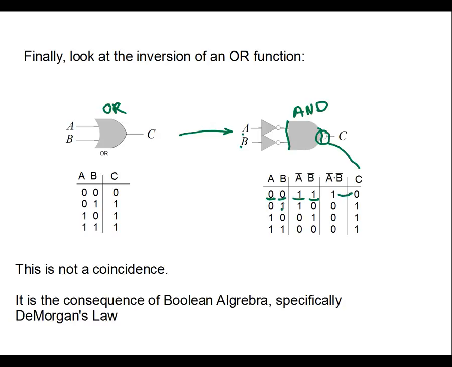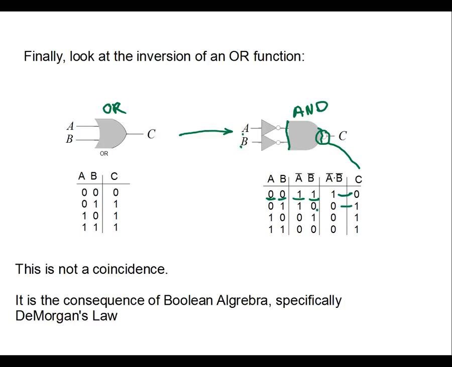So if A and B are 1, the inputs to the AND gate would be 0, 0. If A and B are 0, 1, then the inputs to the AND gate would be 1, 0. The AND gate would give us a 0, which comes out to a 1, and so on.